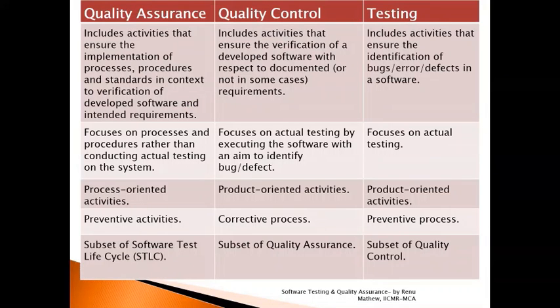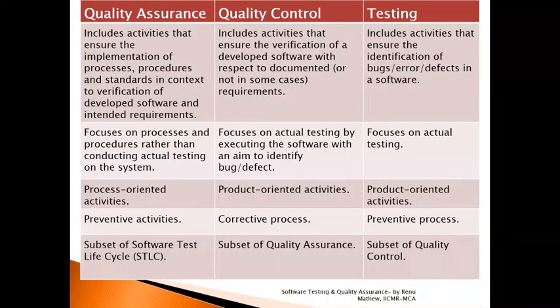Let us compare and contrast quality assurance, quality control, and software testing. QA includes activities that ensure the implementation of processes, procedures, and standards in context to verification of developed software and intended requirements, whereas QC includes activities that ensure the verification of a developed software with respect to documented requirements.